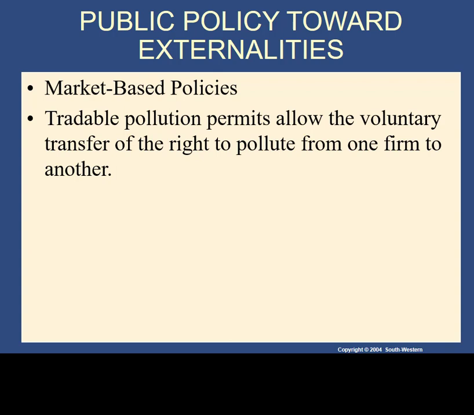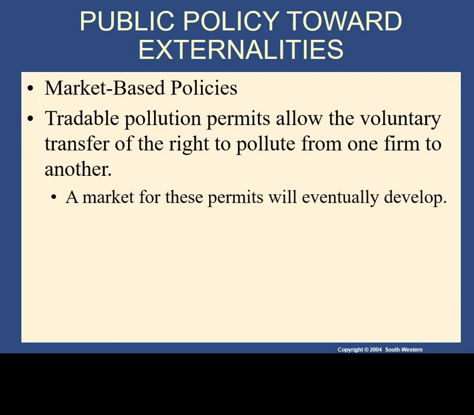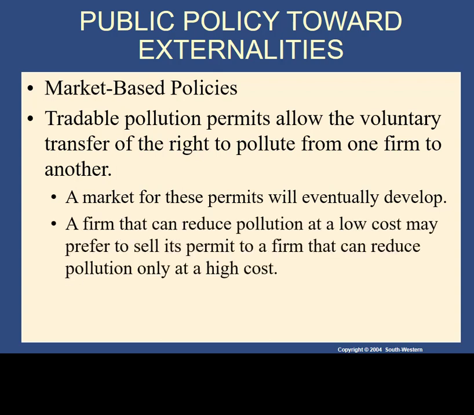So by trading, there develops a market and a price for these pollution permits. And a market for these permits eventually develops, and a firm that can reduce pollution at a low cost may prefer to sell its permit to a firm that has a high cost of pollution reduction. So you still get the pollution reduction, but it's done by the firm that can do it at least cost.